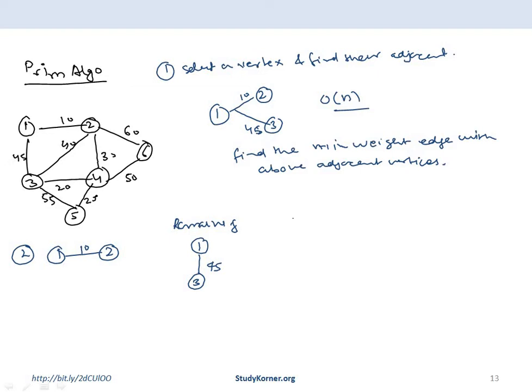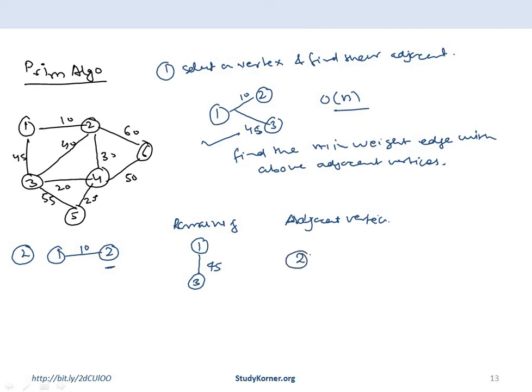Now there is another matrix that keeps track of the adjacent nodes or adjacent vertices. So after this, since I selected vertex 2, the adjacent of 2 will be listed here.